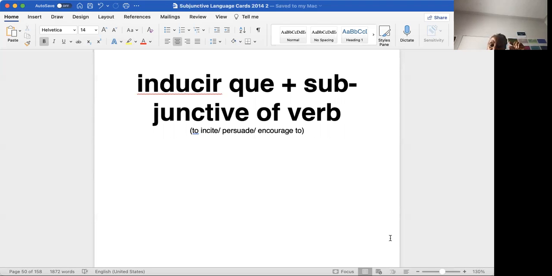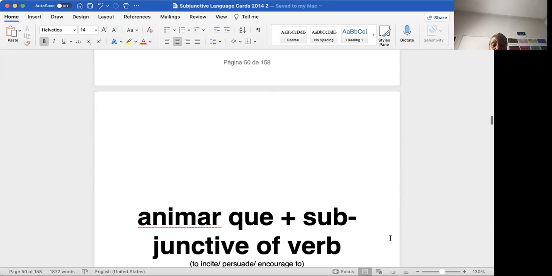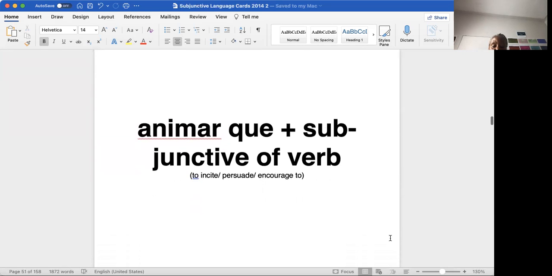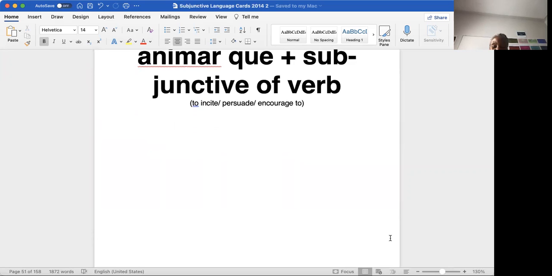So in the independent clause, I want is in the indicative, and that's one subject, and then you have the que, and in the subordinate clause, the subject is different. That's not always the case, but in these type of sentences, yes. Okay. All right. I already have animar que, to incite, to persuade, to encourage. Okay, so that's 26. So I did enough.